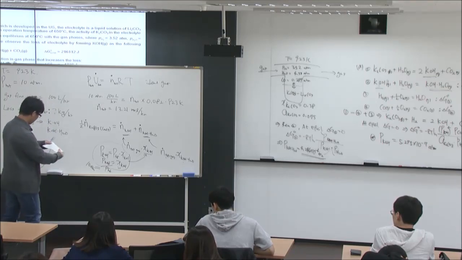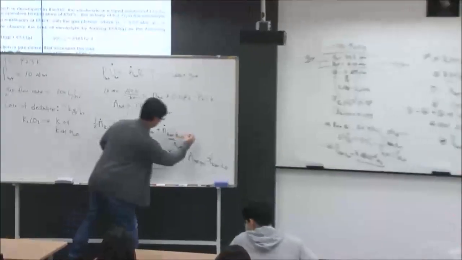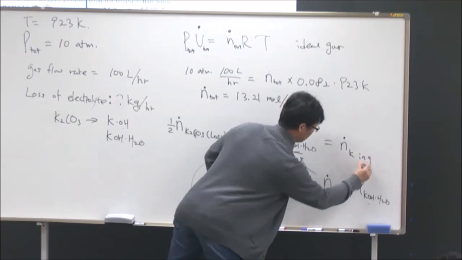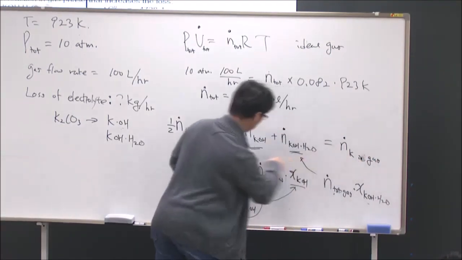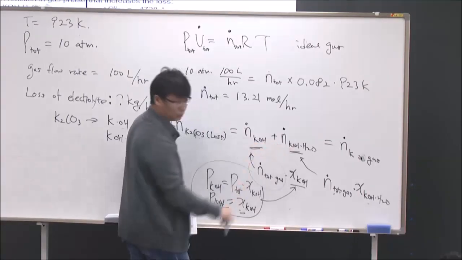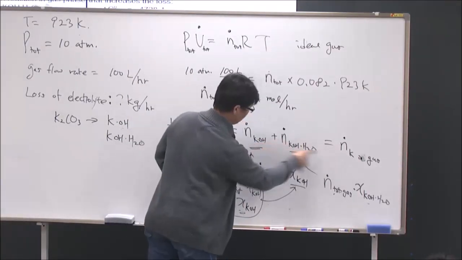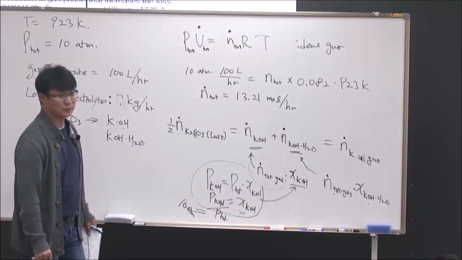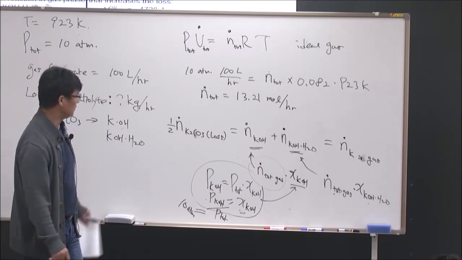So this is actually the same as N total of K in the gas phase, number of moles. Both of them contain 1 mole of potassium. So the two together are the total number of potassium species inside the gas phase, the potassium element in the gas phase.